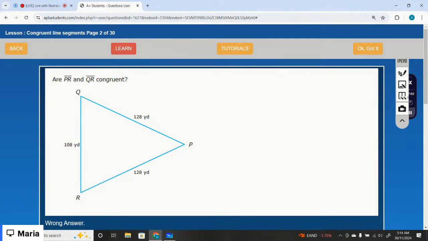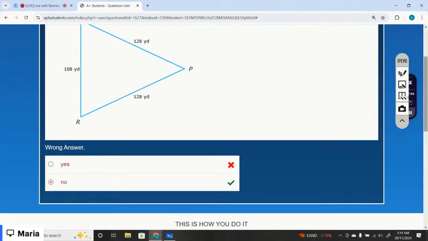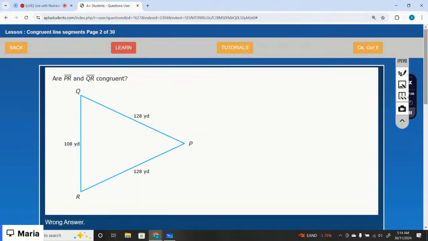Are PQ, PR and QR congruent? So, which is the correct option? PQ, that is PR, and QR. Sorry.